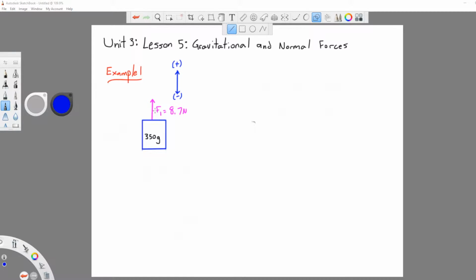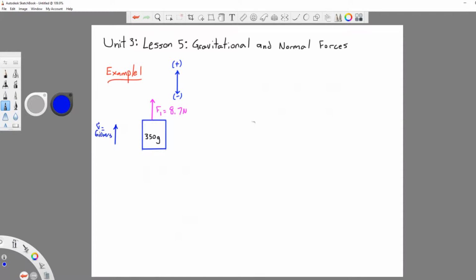This object is being pulled upward by a force of 8.7 newtons. I've got that sketched on here already. And it also tells us that this object is being pulled upward at a constant velocity, maybe underline, circle that constant, of 6.0 meters per second, and that is the velocity.